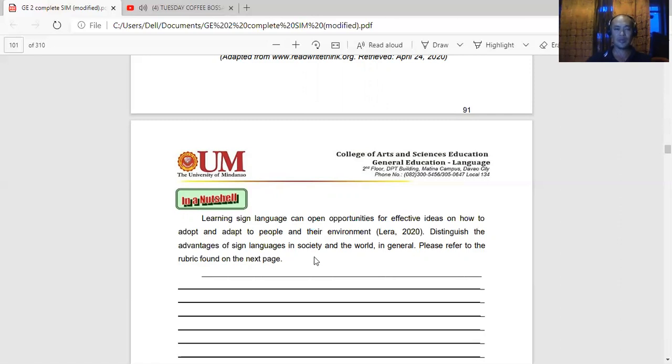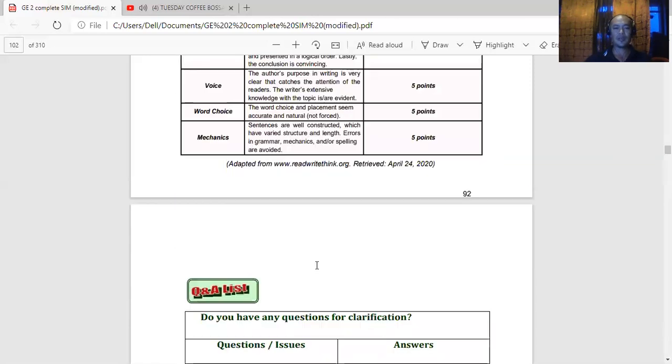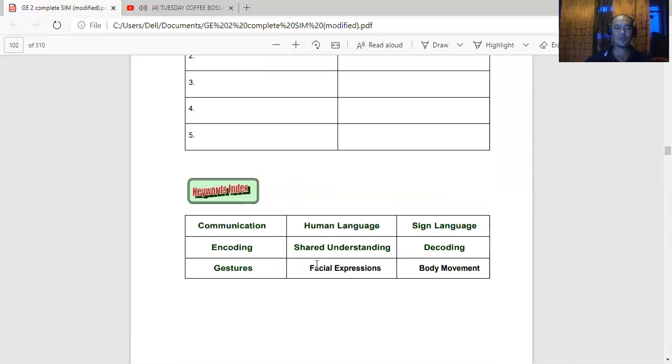So when you say one paragraph, it has at least 5 sentences. So your topic sentence, your supporting details in 3 sentences, and at least a clincher, something that closes out the paragraph. Okay, so that's it for today, and I hope you will enjoy the essay.